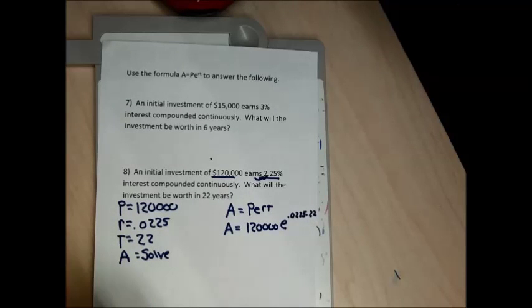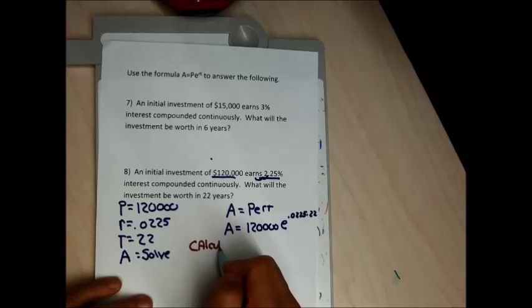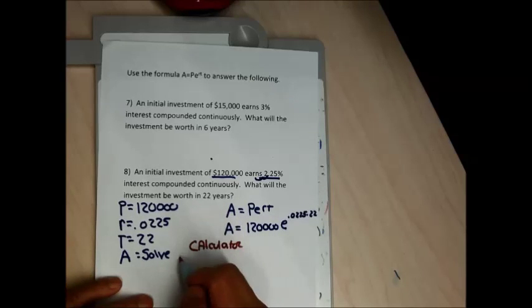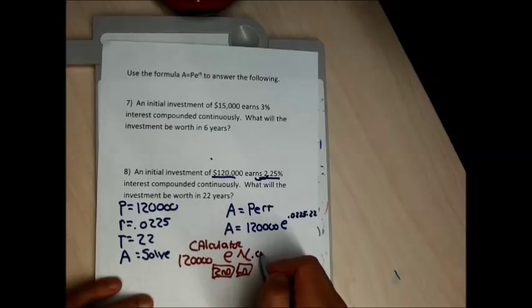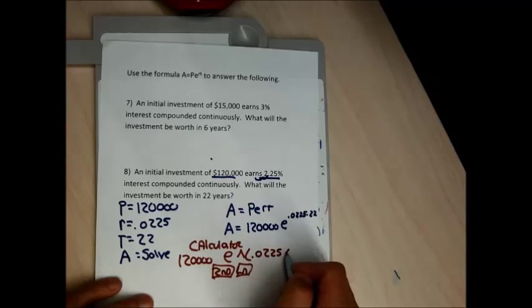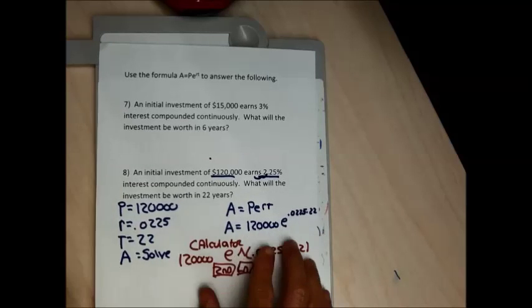And on my calculator, I'm going to type 120,000. Then I'm going to hit the second key and the ln key, and my calculator will come back with an e, a parentheses, and an exponent, and I'm going to type 0.0225 times 22, and whatever I get, I'm going to round to 2 decimals and just write that as my answer.